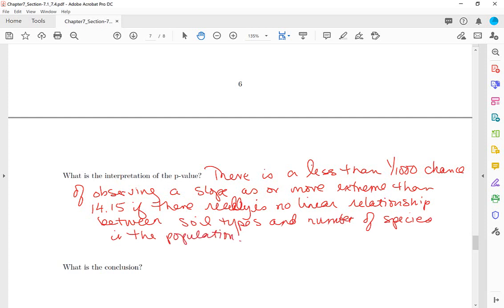So our p-value, there's less than a 1 out of 1,000 chance, is the probability of observing a slope as or more extreme than our observed slope value, 14.15, if the null is true, if there really is no linear relationship between soil type and number of species in the population.